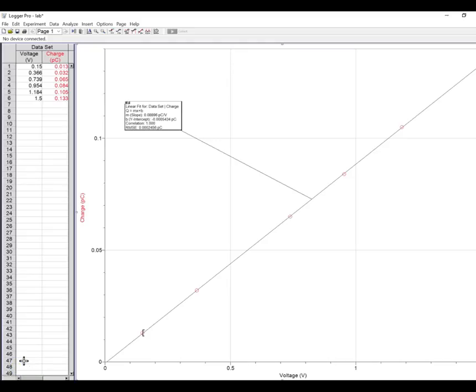So the capacitance is really the proportionality constant of this graph. So you can see that slope right here, which is 0.08896 picocoulombs per volt. And so that slope, or that proportionality constant, represents the capacitance. And the units of coulombs per volt is known as a farad.